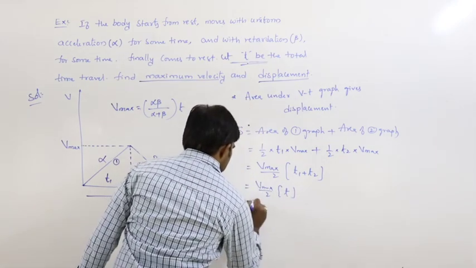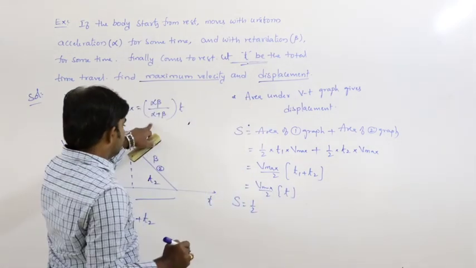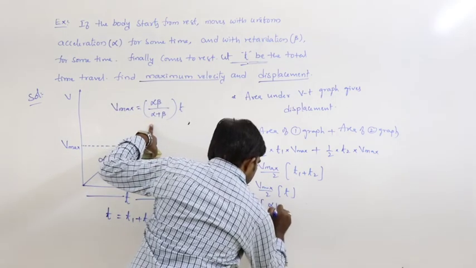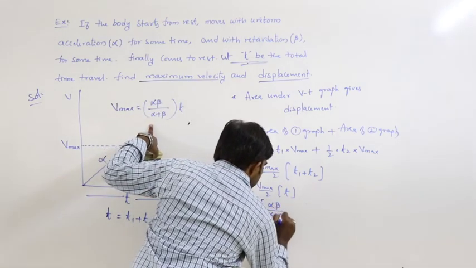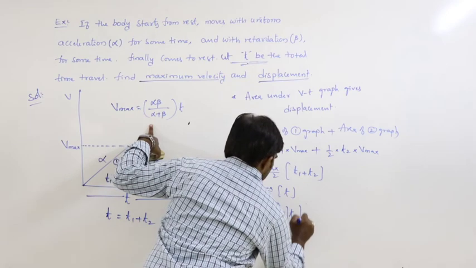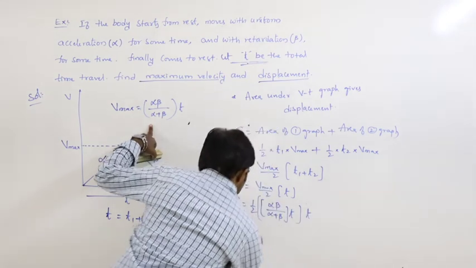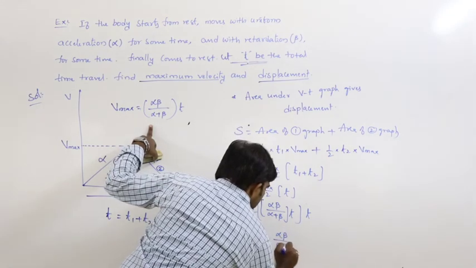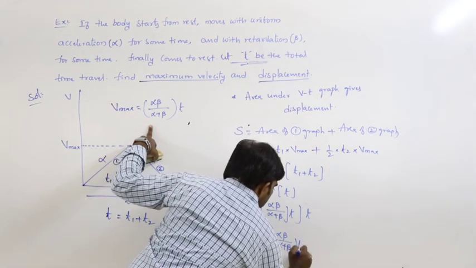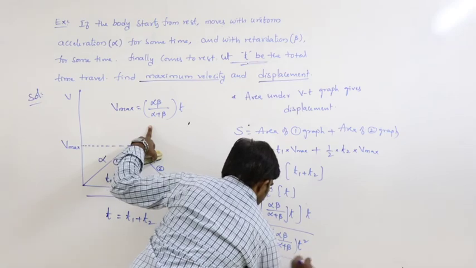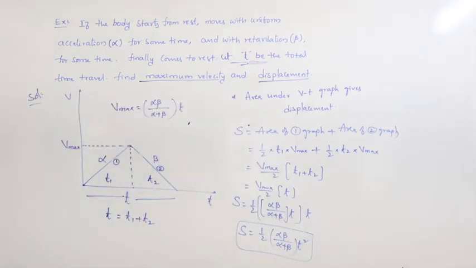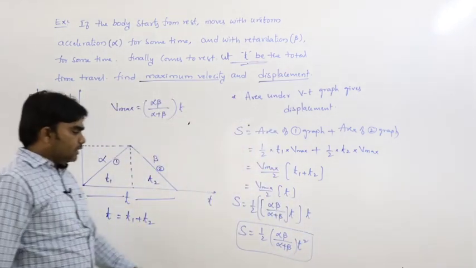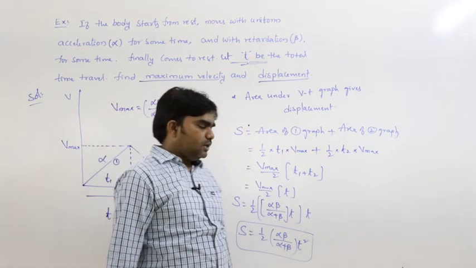So displacement is equal to half into Vmax, which we got as alpha beta by alpha plus beta into t, again into t. Therefore, displacement is equal to half alpha beta by alpha plus beta into t square. S equals half into alpha beta by alpha plus beta into t square.